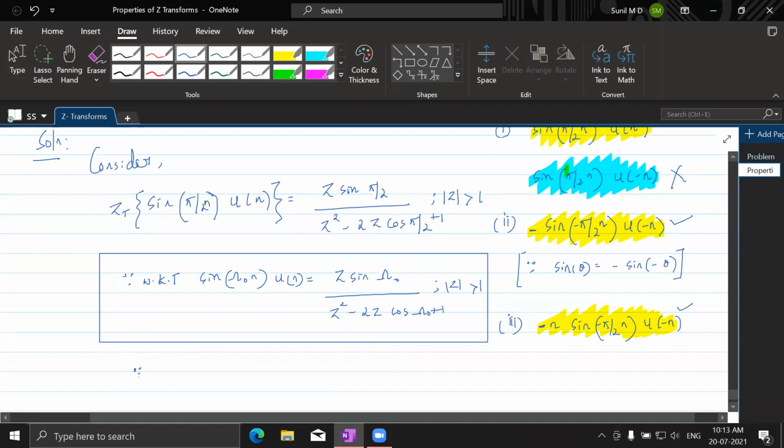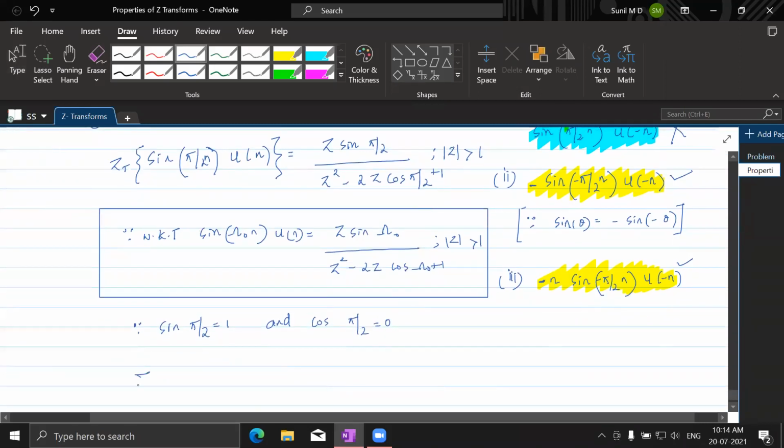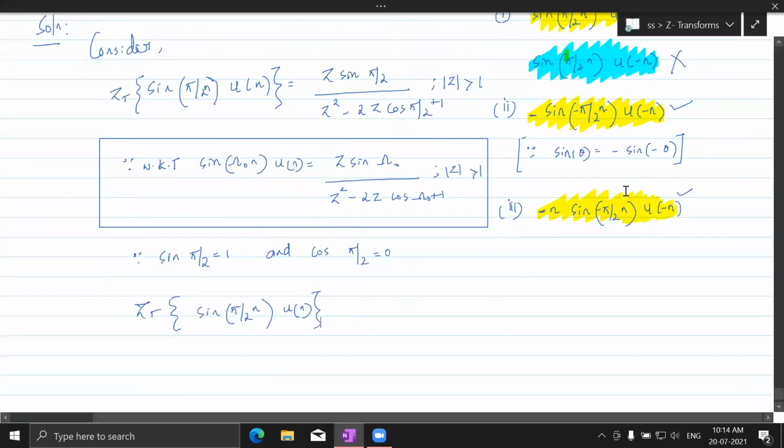Since sine pi by 2 is 1 and cos pi by 2 is 0, the Z transform of sine pi by 2 n into u of n can be written as Z by Z square plus 1. This is how it becomes.